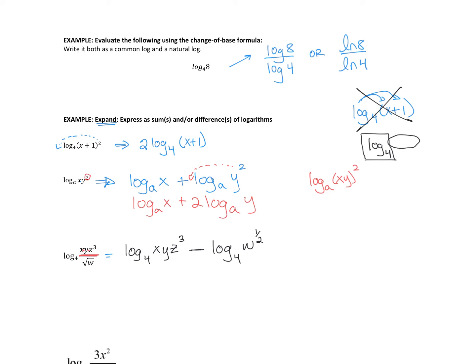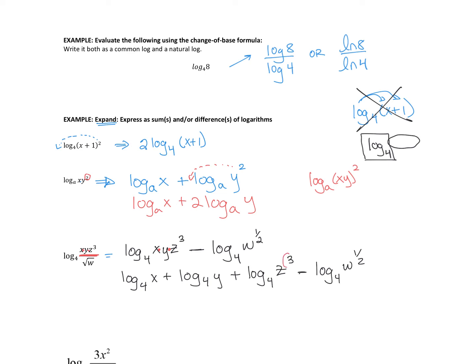I'm now going to separate this one as a product. So log base 4 of x plus log base 4 of y plus log base 4 of z cubed minus log base 4 of w to the 1/2.